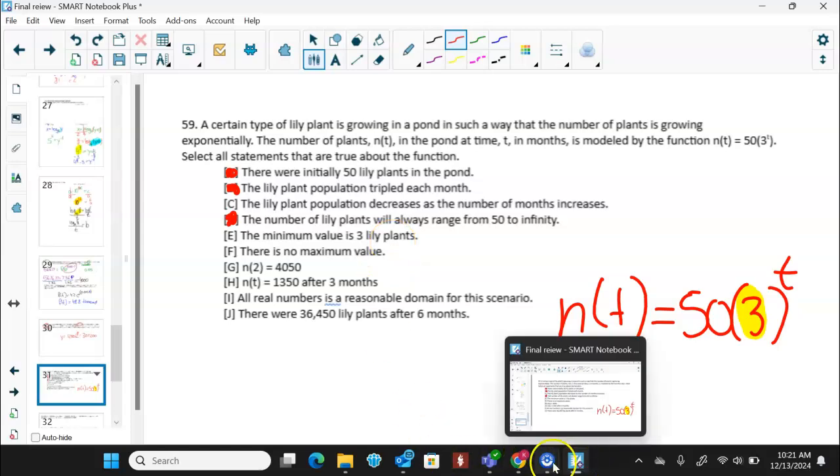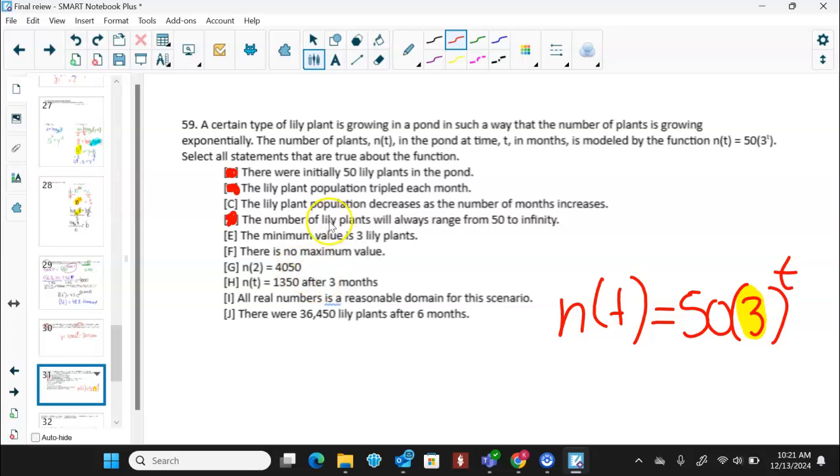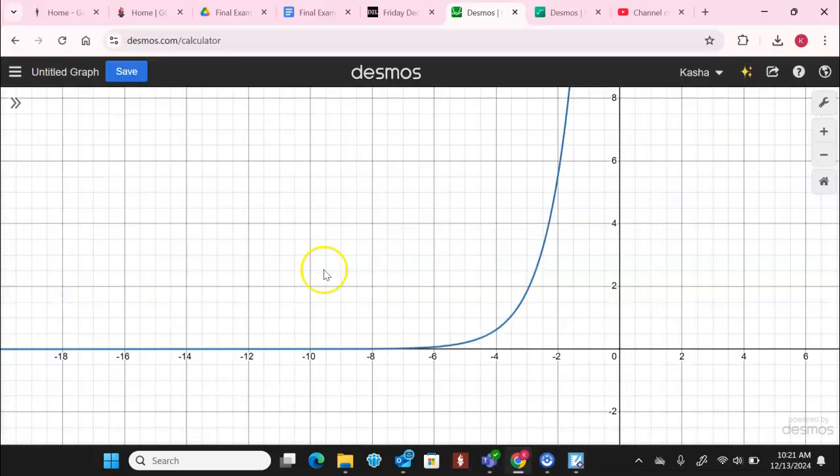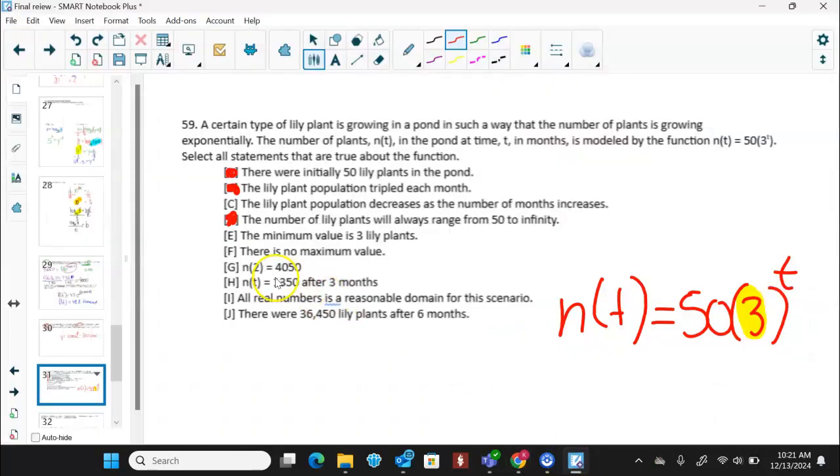Well, that would not be a true statement because the minimum would be 50. There is no maximum value for this function. That is correct because again, depending on the time, this function, as you can see, continues to go, go, go. So it's just going to keep spreading. So that is a correct statement.